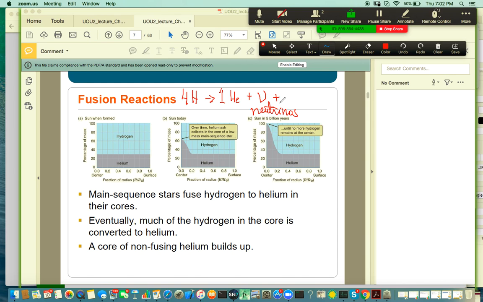But neutrinos carry energy, and also as a result of these fusion reactions, gamma rays, which are electromagnetic radiation, are produced, and these gamma rays happen to be the most energetic radiation in the electromagnetic spectrum.